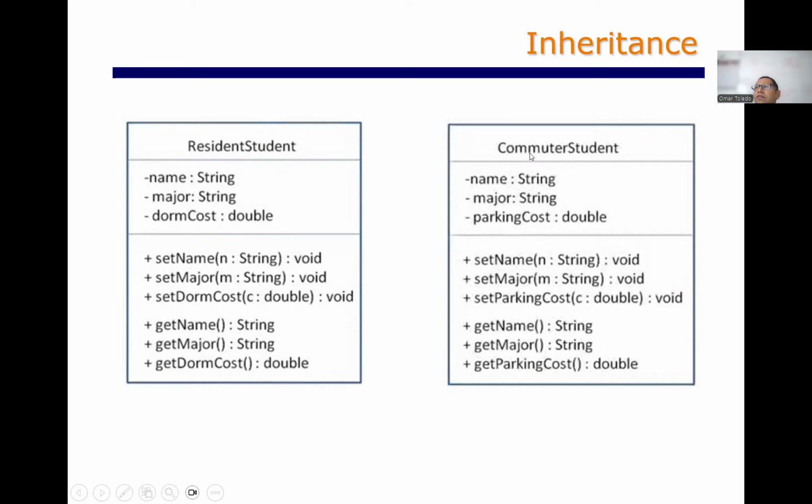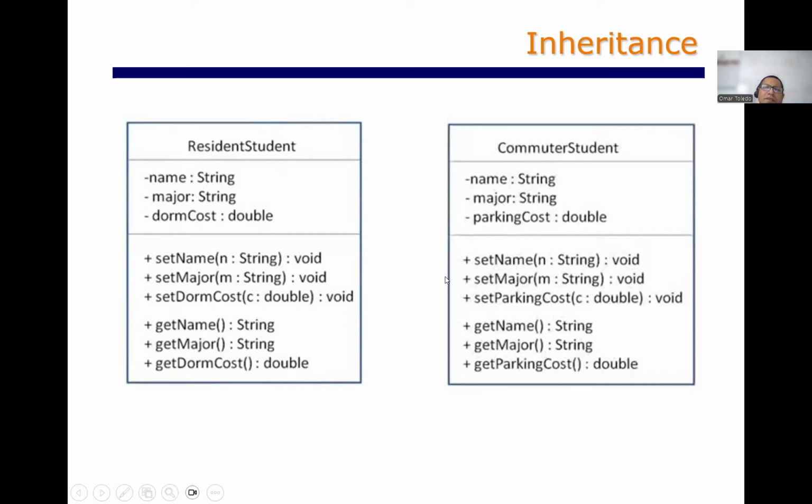However, since this is a commuter student, they have to park. So if they have to park, they will have to pay for parking costs, for example. Okay. And then we have set name, set major, set parking cost, set dorm cost, get name, get major, and get dorm cost, and get parking cost here.